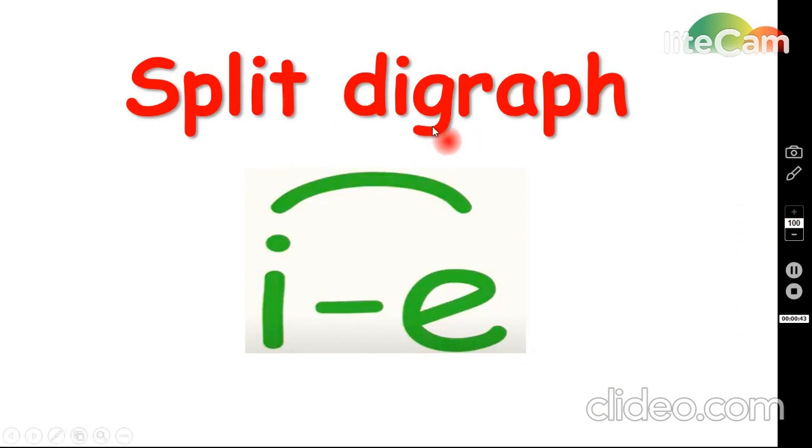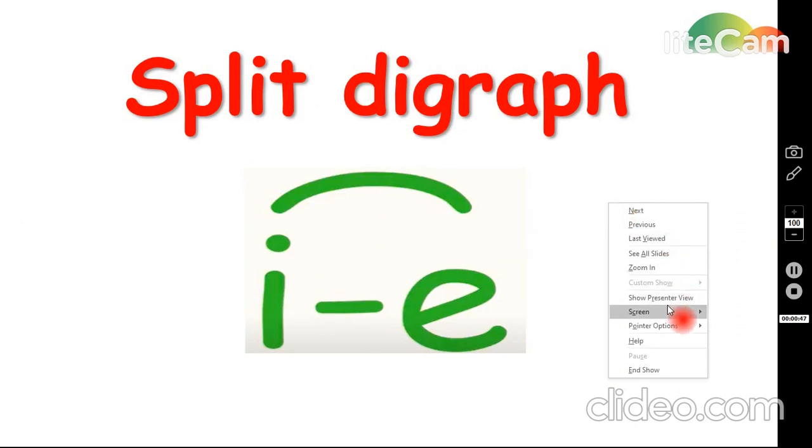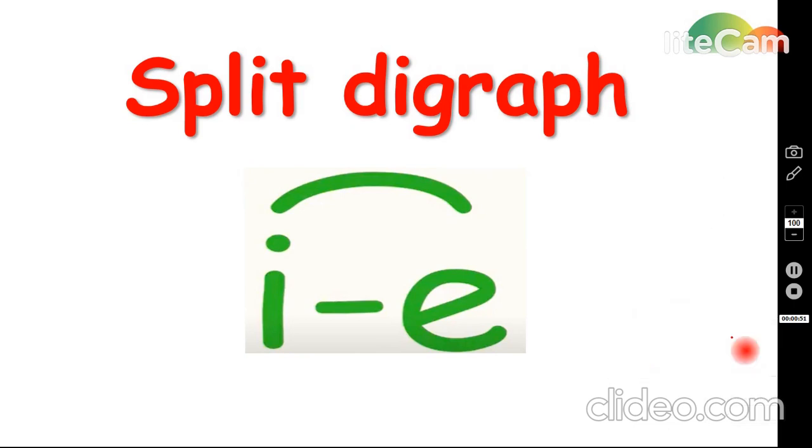Split digraph. It means that we have two letters. Here we have I and E. As you know, we pronounce the letter I as "ee", and the letter E as "e".